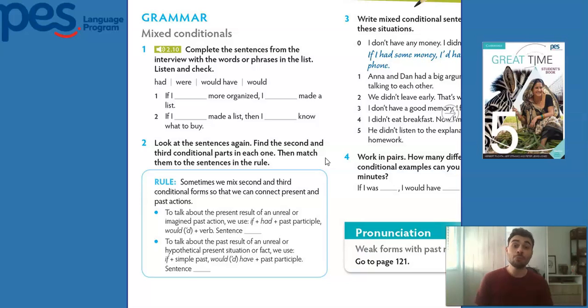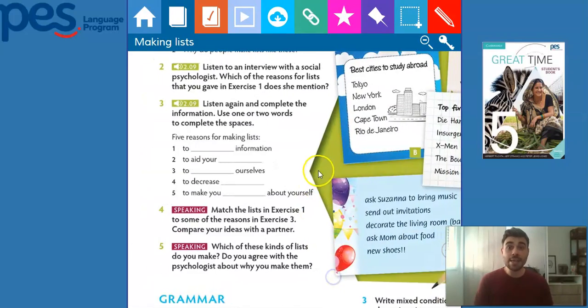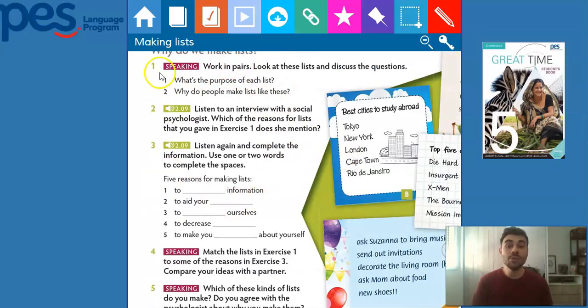So, for us to start, I would really like you to start doing exercise number 1, only number 1 for now. And for this exercise to work, you will have to go back to your study guide and listen to this track here, 2.09, about the lists.